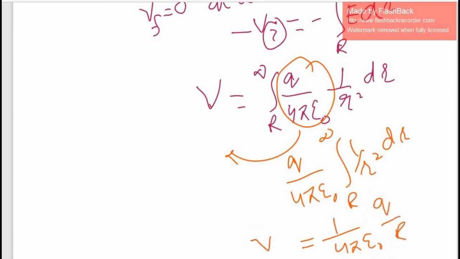So V is equal to 1 over 4 pi epsilon naught q over r.